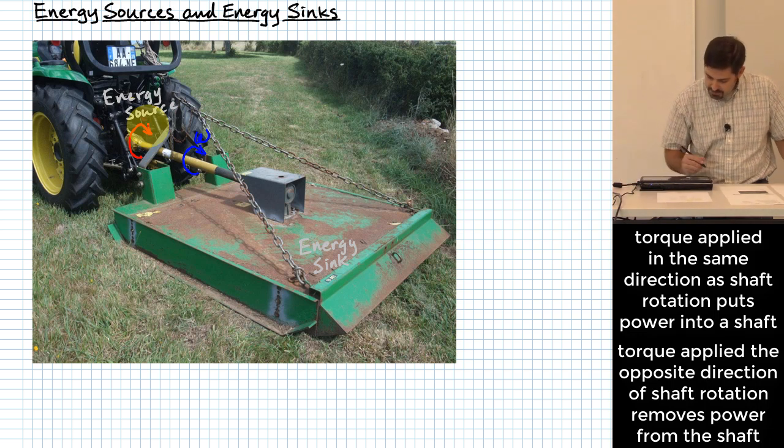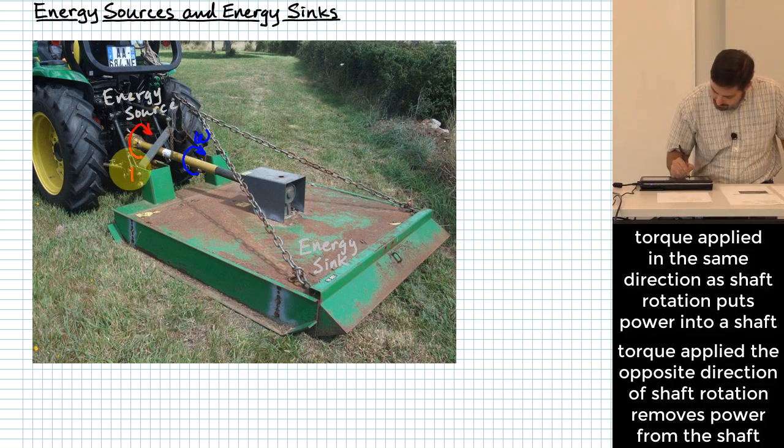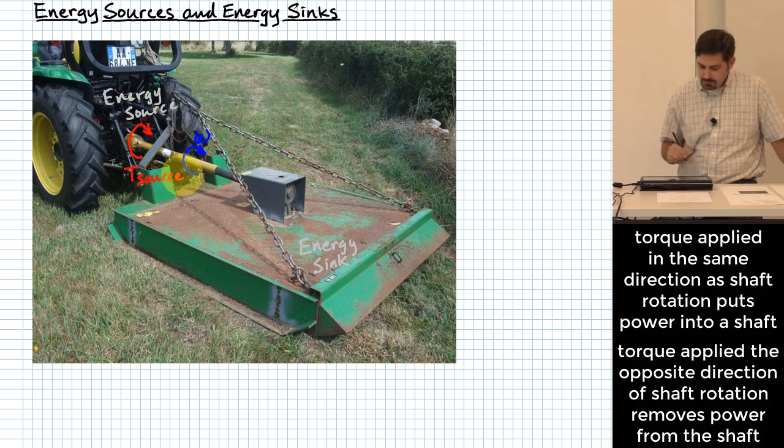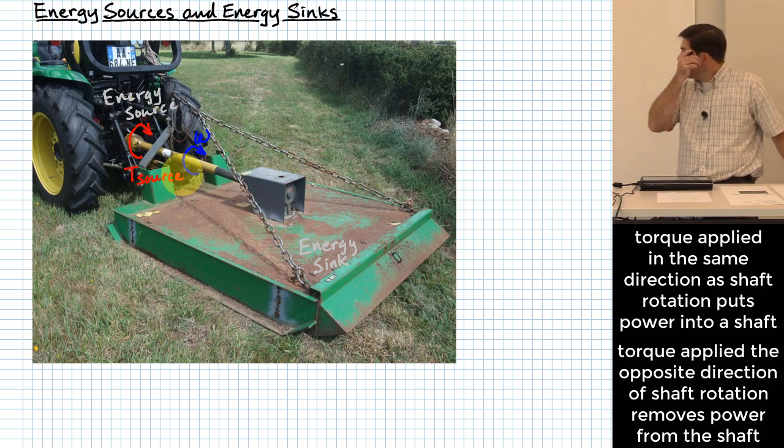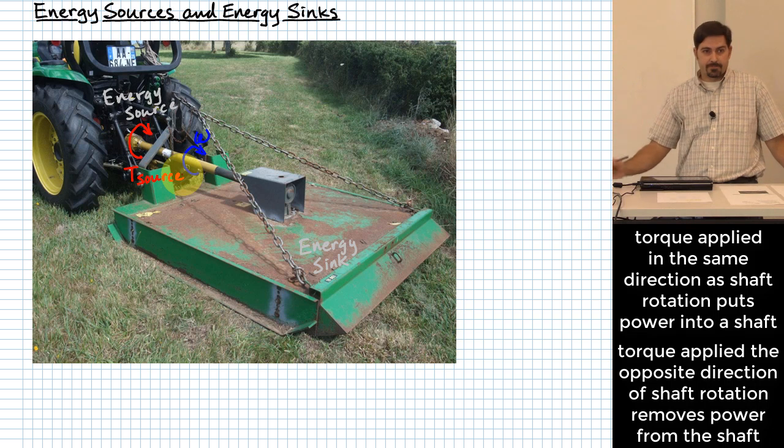So this is what I would call T source. That's the torque being applied to the shaft, not the other way around. I'm not looking at that as the source that the shaft is applying to the tractor.